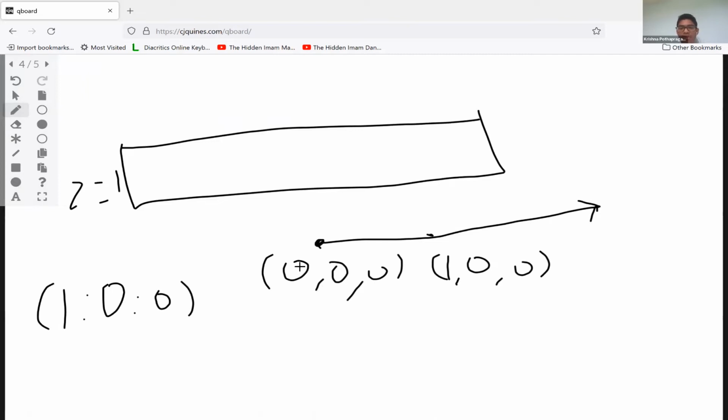In this example, 1, 0, 0 in these projective coordinates is the point where we take the line between 0, 0, 0 and 1, 0, 0 and intersect it with z equals 1. We get a point at infinity because this line and this plane intersect infinitely far away.